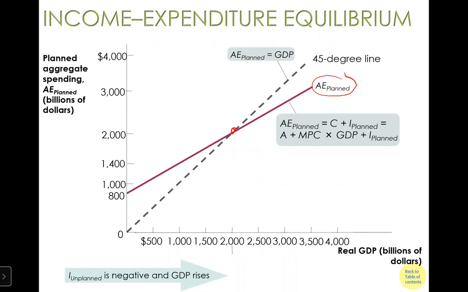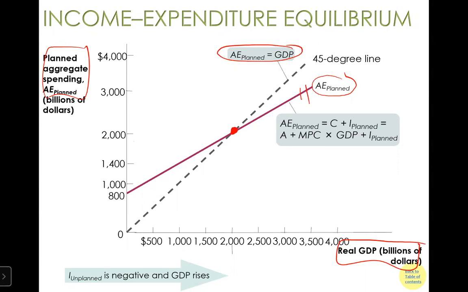Along the 45-degree line, the value on the horizontal axis equals the value on the vertical axis. So if they cross at this point, the aggregate expenditure plan must equal GDP, because they cross with the 45-degree line.